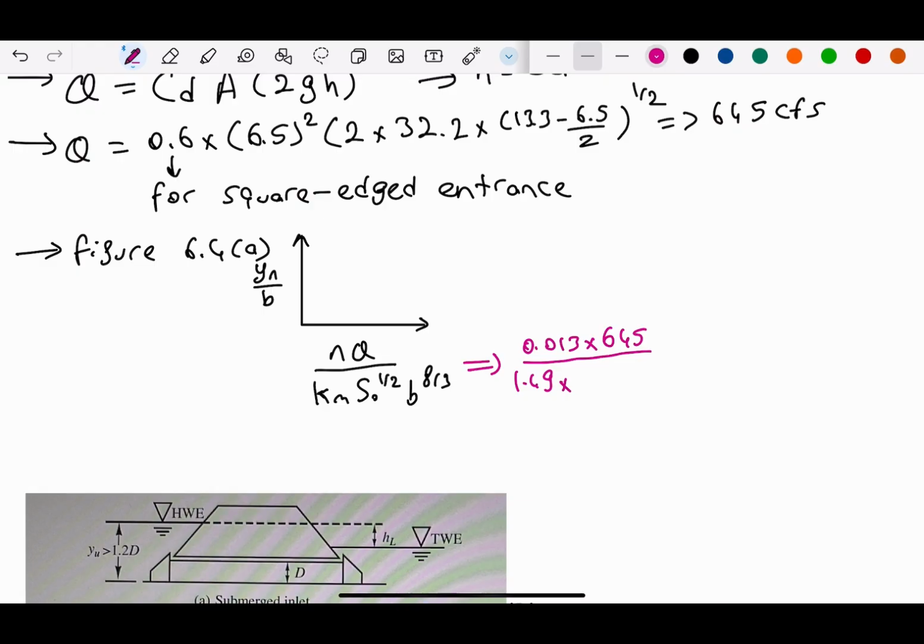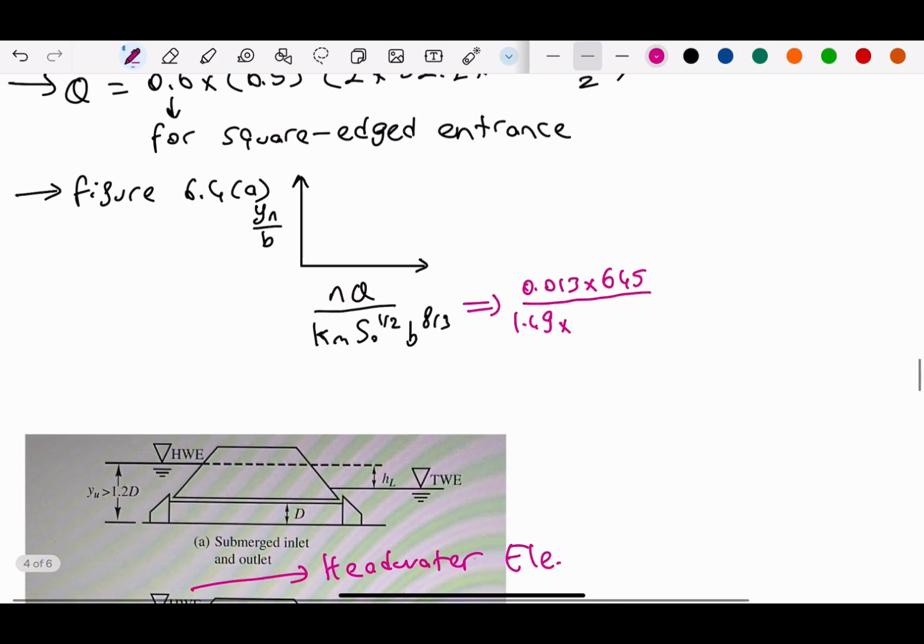The slope was 0.01. And the width is given as 6.5. And this gives 0.38.